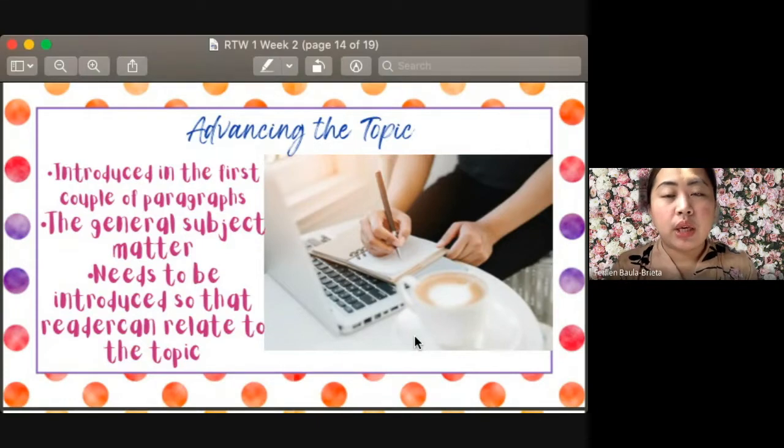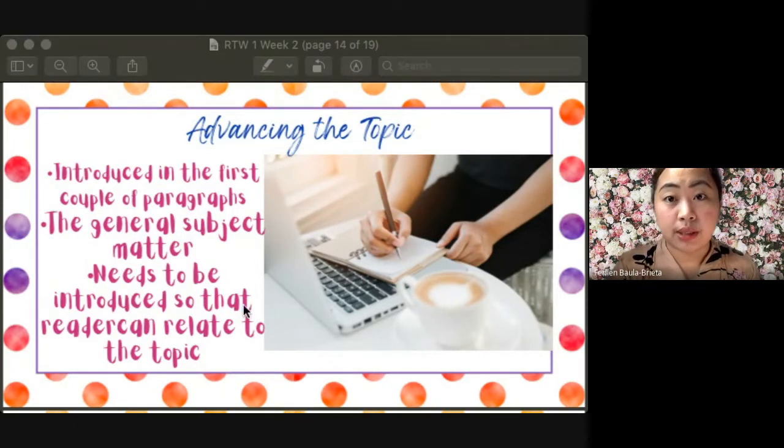It is composed of a couple of paragraphs, around 4 to 5 paragraphs, that will present the general subject and introduce to the reader the relevance of the topic, your research problem, and the research gap that you have identified, and sum it up with the things that you will do in this research process.